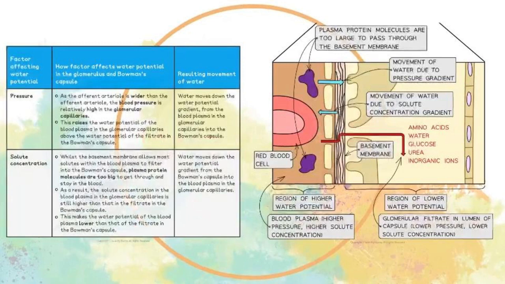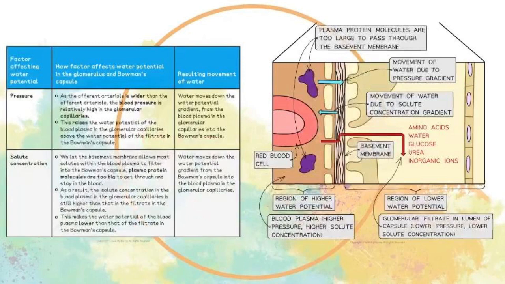And so overall, the net impact is accumulation of amino acids, water, glucose, urea, and inorganic ions present in the filtrate, which is the glomerular filtrate in the lumen of the capsule.